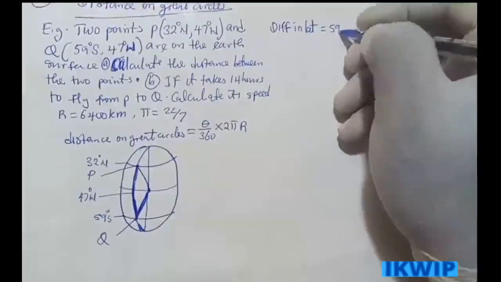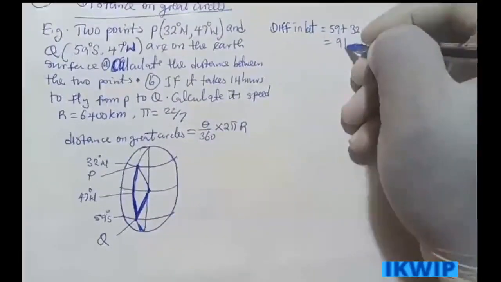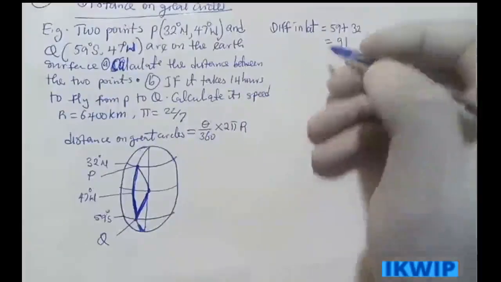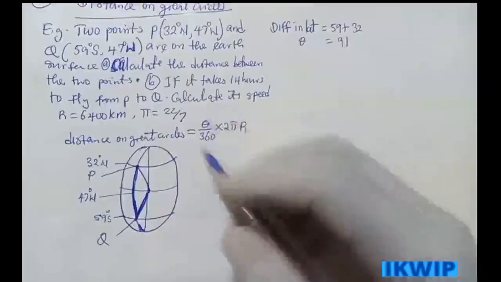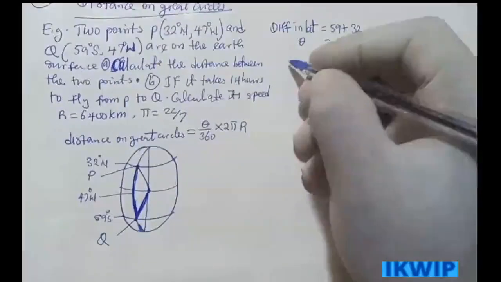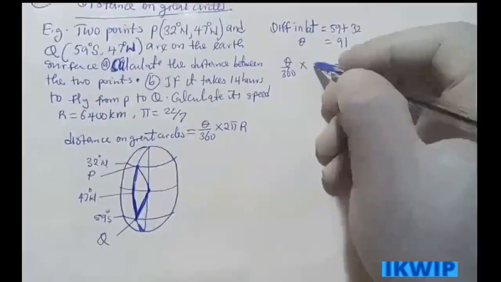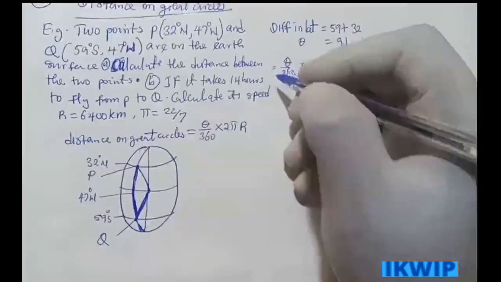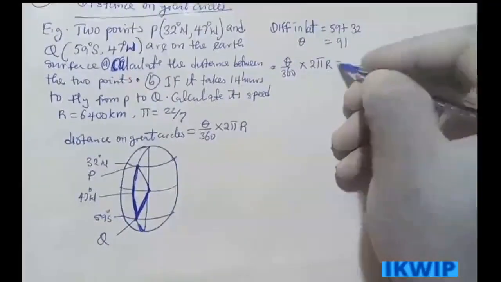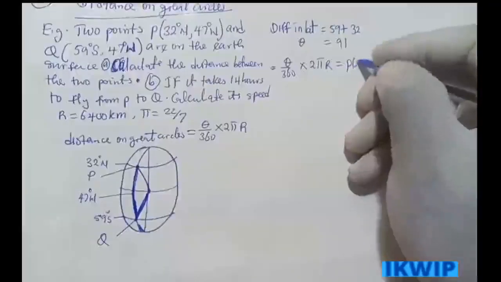So 59 plus 32 gives me 91. Now that is my theta. So I'll come over here and say theta over 360 times 2 pi big R is my distance PQ.